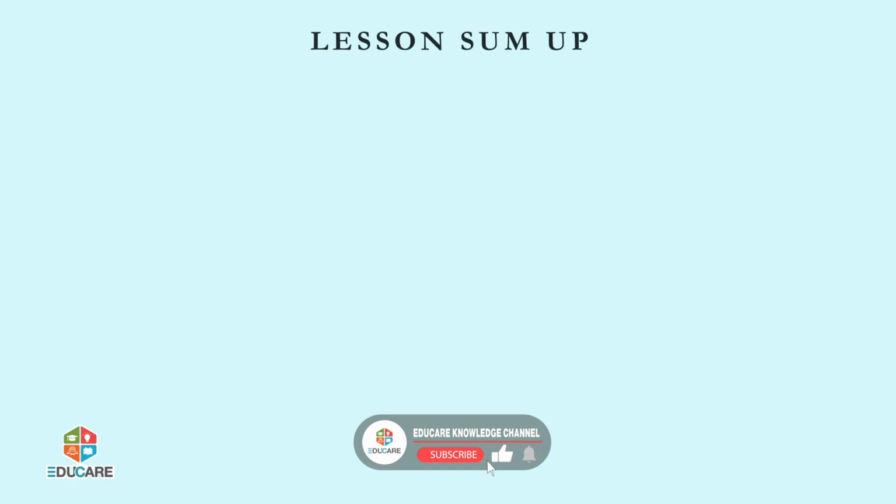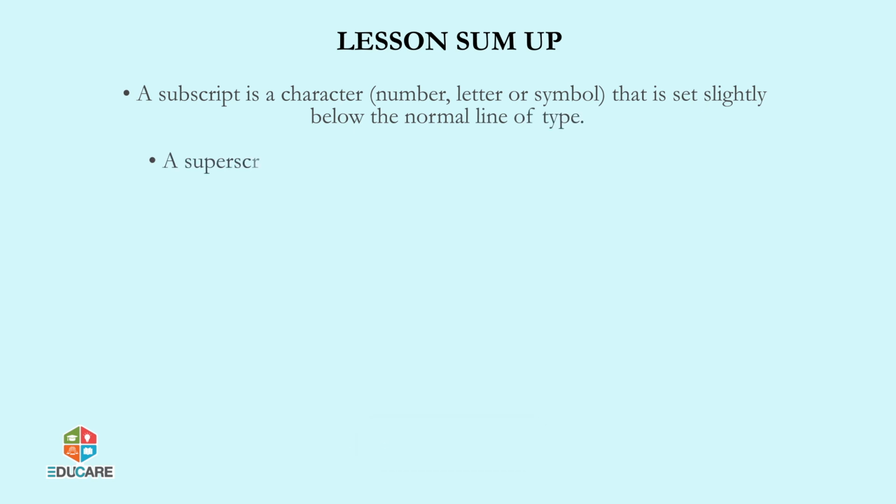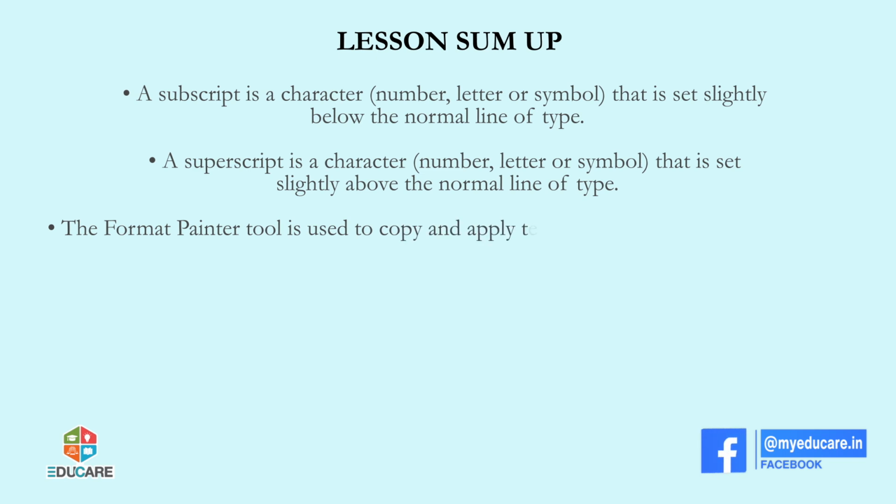Lesson sum up. A subscript is a character, number, letter or symbol that is set slightly below the normal line of type. A superscript is a character, number, letter or symbol that is set slightly above the normal line of type. The Format Painter tool is used to copy and apply text formatting to another selection.